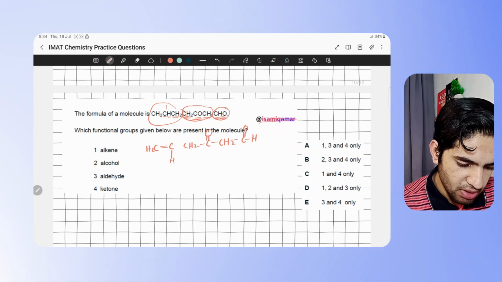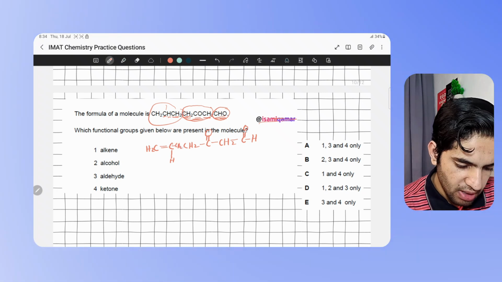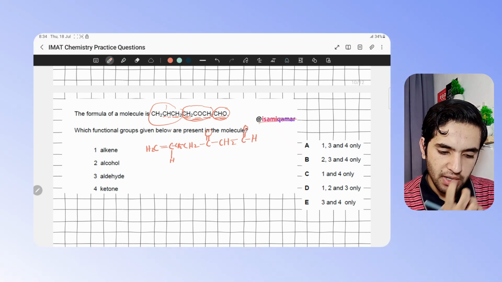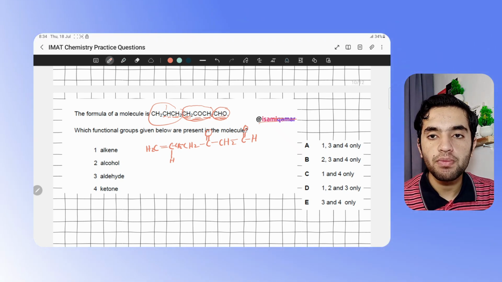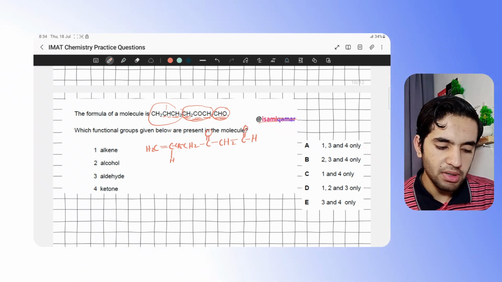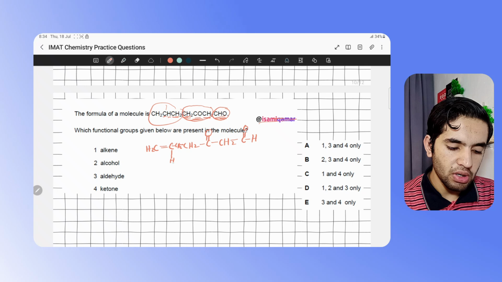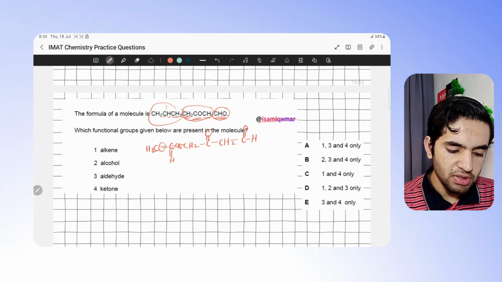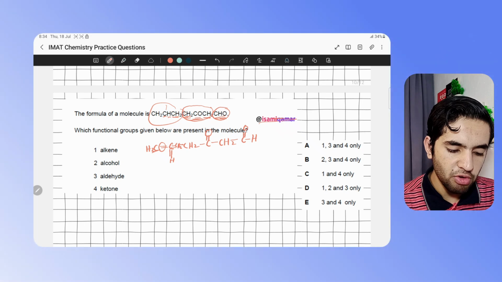CH, and it will form a bond with CH2, and that CH2 in turn forms a bond with this. Okay, now it's right. I hope you got it now. I was getting confused, but now it's good. So 2 bonds with this, one bond with this, and 1 bond with this CH2. Then this CH2 will in turn form a bond with this CH2, and that CH2 will be there.